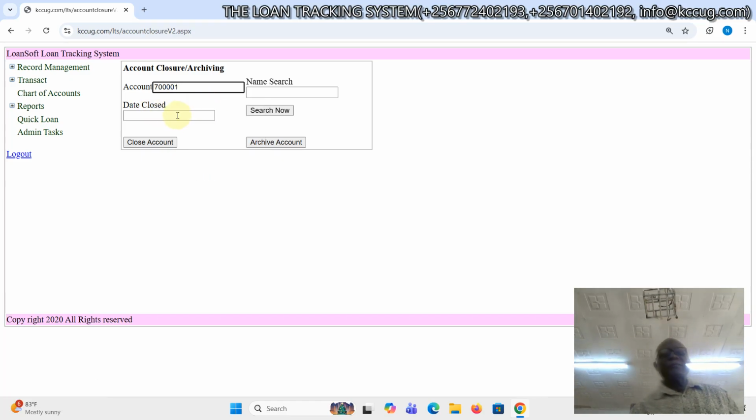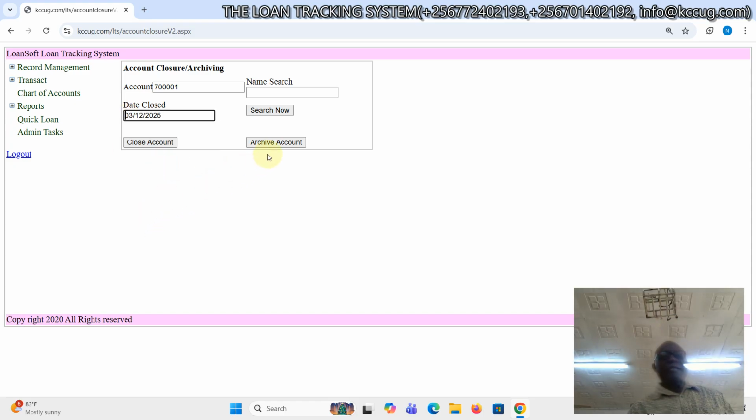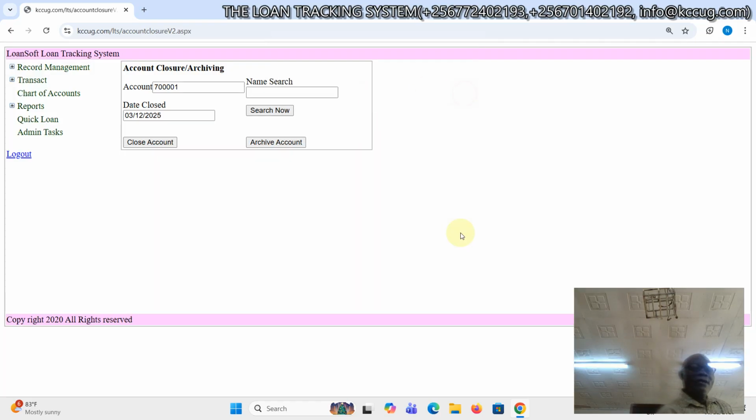70001. And the date for archiving is today, click on my account. And by archiving the account, we are not removing the loan detail.